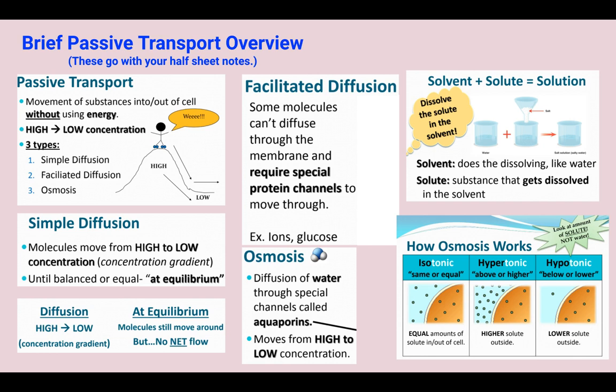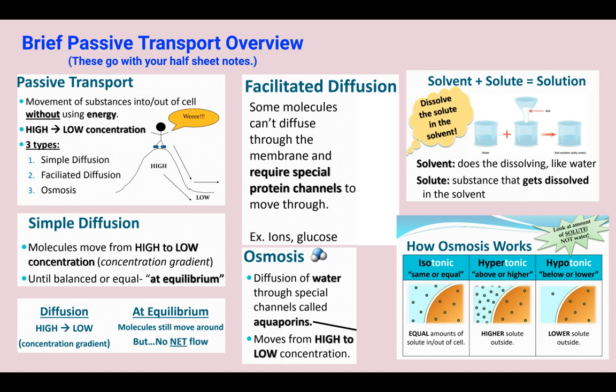But they're not going to be consciously moving from a high area of concentration towards a low area of concentration once you have reached that equilibrium. They're still moving, but it's just going to be in an equal concentration. So again, diffusion is from high concentration to low concentration, and at equilibrium, the molecules are moving around, but there's no net flow. So there's no big change in the concentration because it is now at equilibrium.